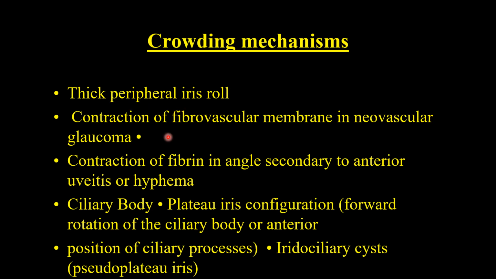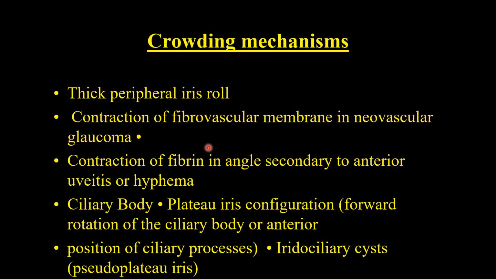Then if there is a membrane, neovascular glaucoma is when new blood vessels form on the surface of the iris, because of ischemia in the retina most of the time. These new blood vessels then grow on the trabecular meshwork, and they also grow on the cornea. When they contract, a membrane is formed and the angle is closed.